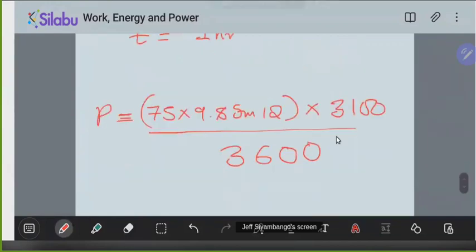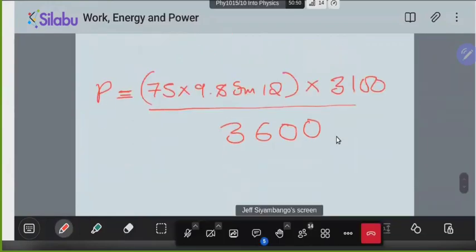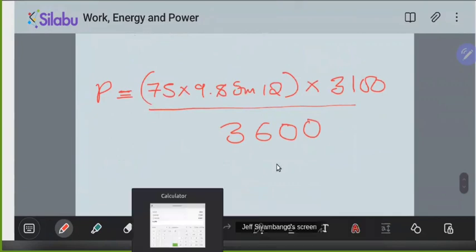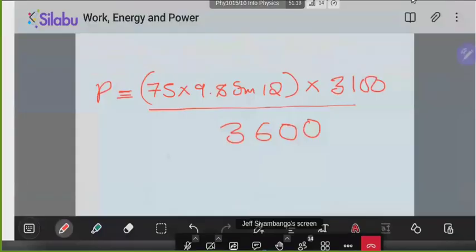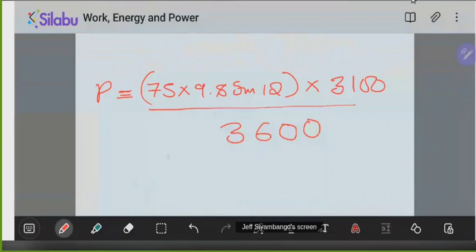So this is what is going to give us our answer. Can you guys try to evaluate this? What are you going to get there? You say 135? 131? 131.5? 59?